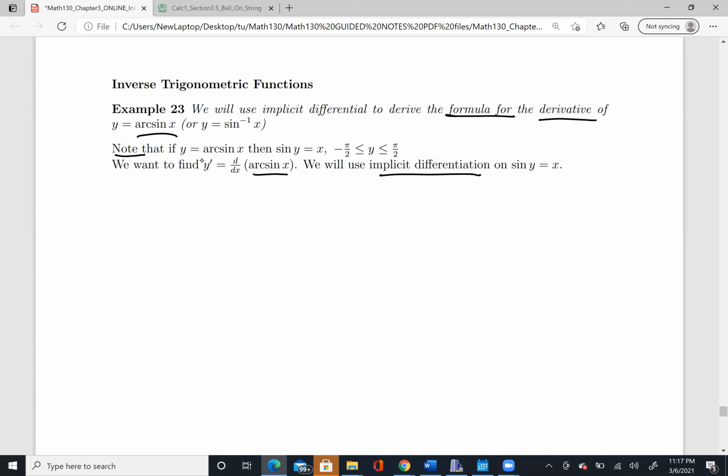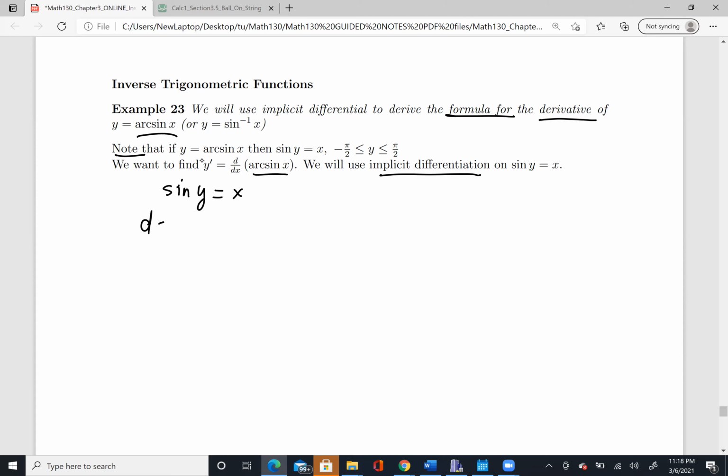Next, we have to use implicit differentiation on sine y equal to x, because in this case you don't have y isolated already. So start with sine y equal to x. We take the derivative on both sides.